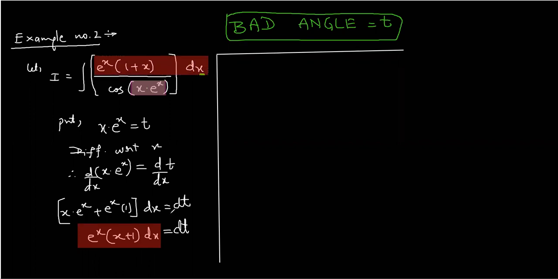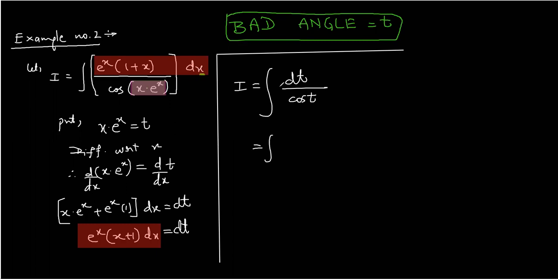So now I will write the new integral after the substitution. I equals the integral, where the whole numerator is dt and the denominator is cos of t.